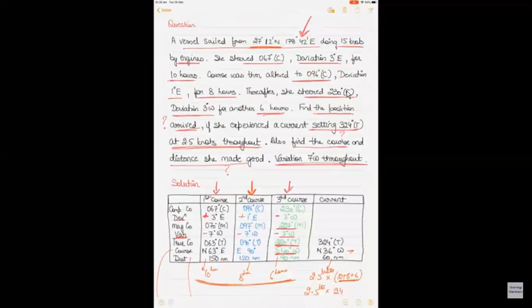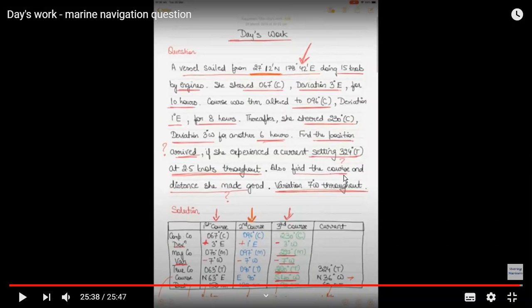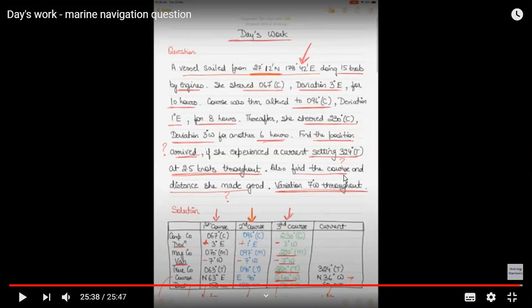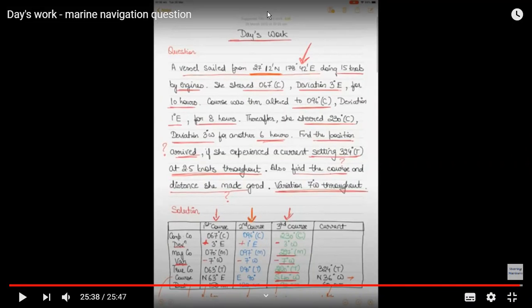If you have compass courses and deviation, and very long distances, sailing for 10 hours or 8 hours, which will not fit in the chart, you can do it by day's work. Recently in the second mate's paper in October, there was a question where the position was not coming on the chart, so they solved it by day's work. That's why I wanted to do day's work today.